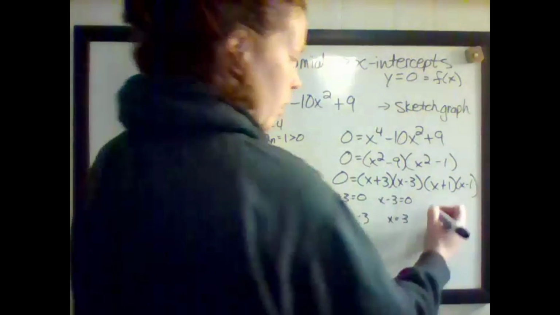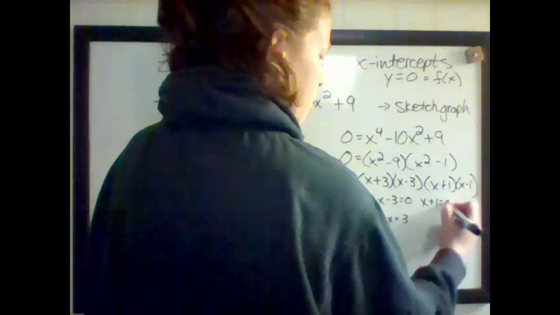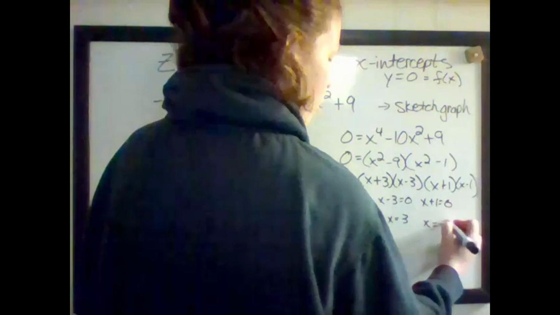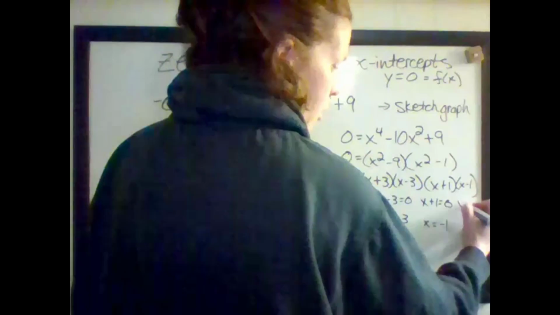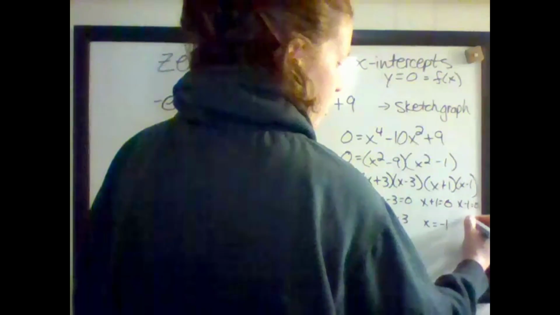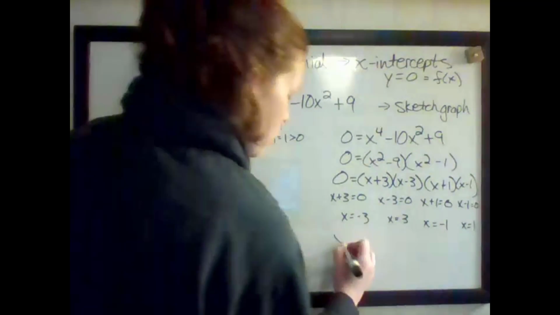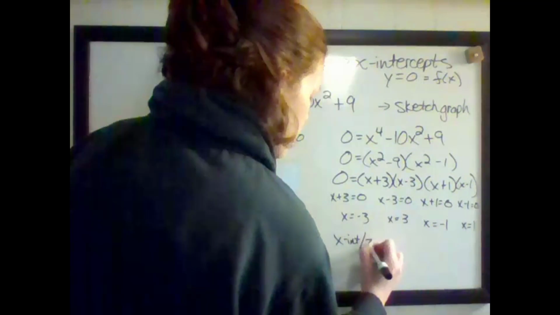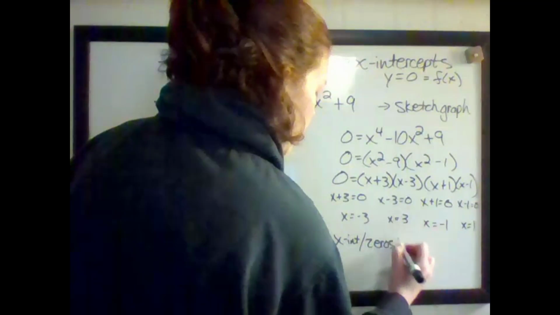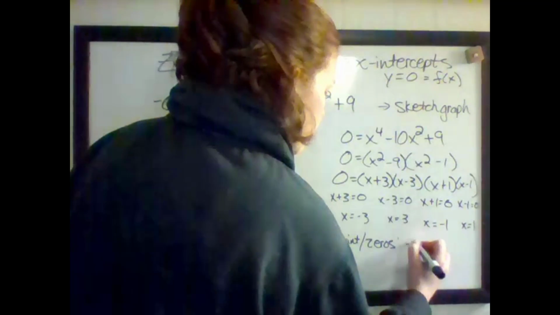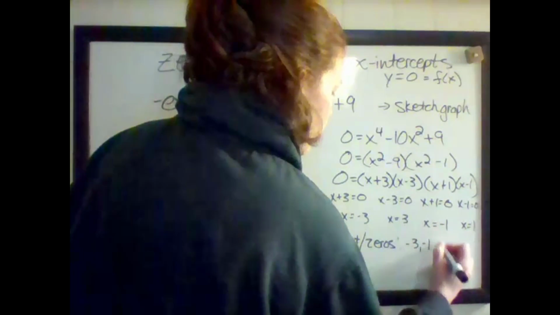And maybe you don't need to write out this line, but subtract the 1 over, and then x minus 1 is 0, add 1 over. So I get my zeros. So my x-intercepts or my zeros, same thing, are, let's put these in order, negative 3, negative 1, 1, and 3.